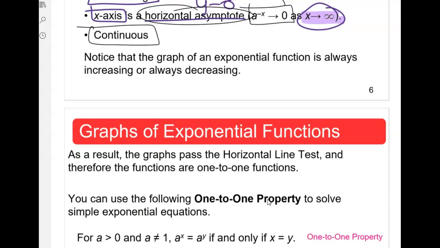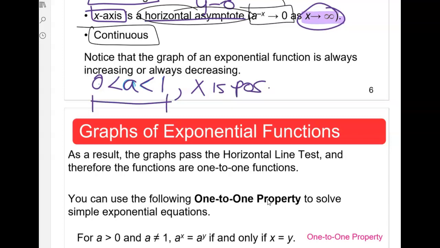So we could get something similar if a is less than 1, and let's call it bigger than 0, and then x is positive. So if you had any number between 0 and 1 without including 0 and 1, remember?